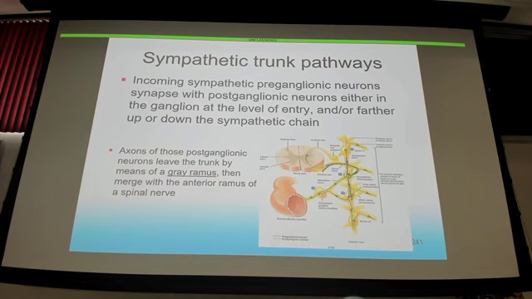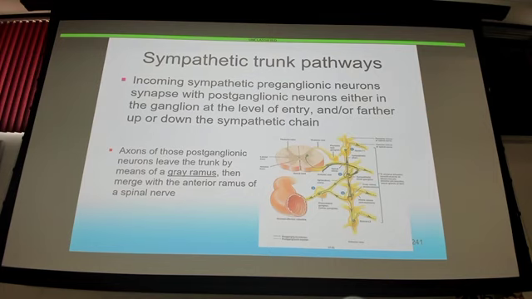There has to be a gray ramus because when that sympathetic preganglionic axon came into the sympathetic trunk and went up to the cervical region, it has to have a gray ramus to get out of there. So when it synapses with that postganglionic, it's going to jump on a gray ramus and go back out to the spinal nerve and then go out to the skull. Hopefully that's starting to make sense.